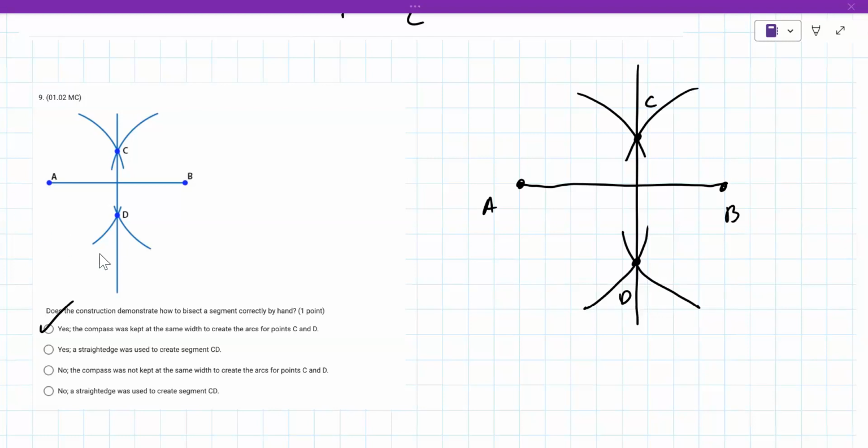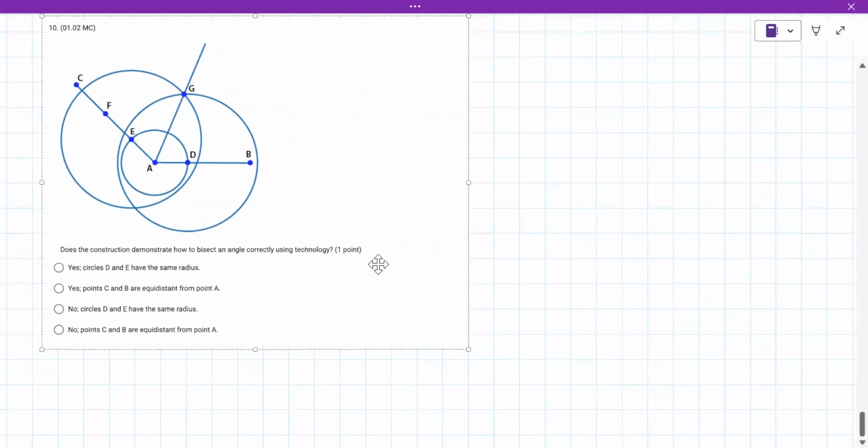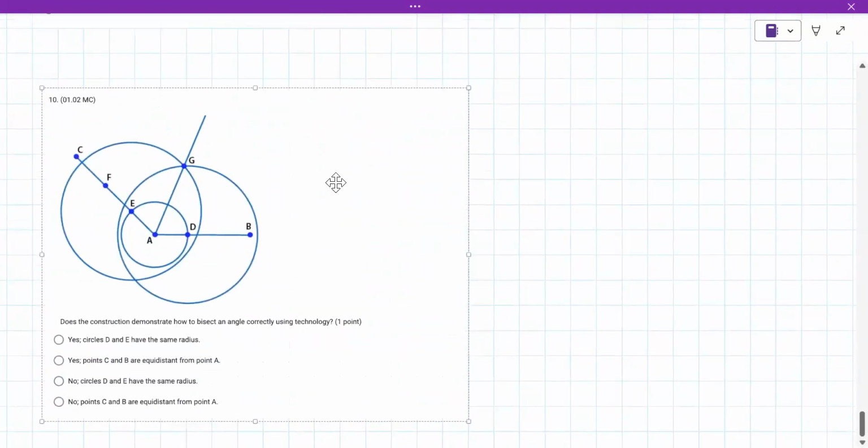A lot of circles. Let's see here. So when you're doing real constructions, you try to avoid extra lines. So it looks like you're bisecting CAB.